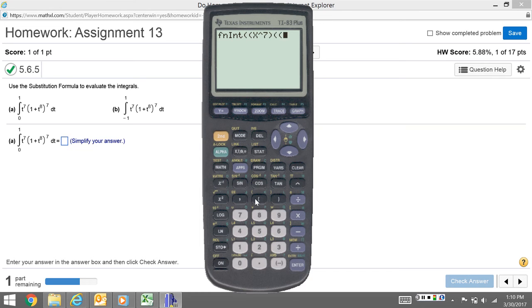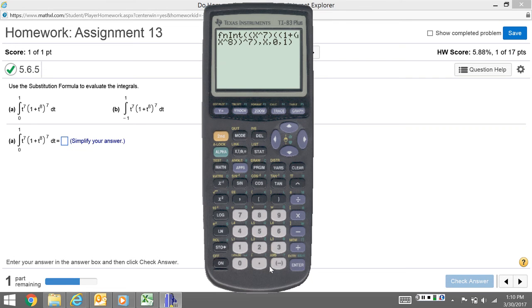And then parentheses, parentheses, because I want to be able to do the outside too. Then 1 plus parentheses x to the 8th, parentheses, parentheses, to the 7th, parentheses. Then comma, the variable x, comma, and remember the bottom limit goes first, so 0, 2, 1, and then enter.